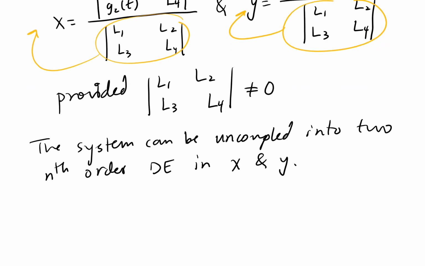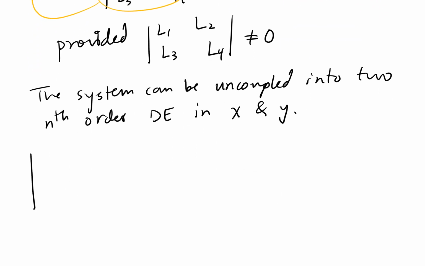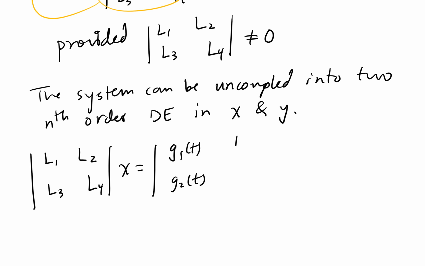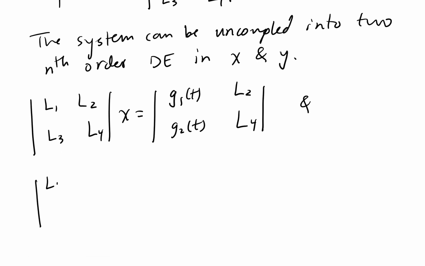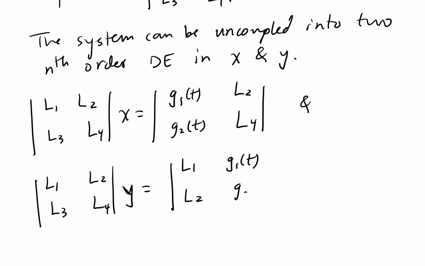And what do we get in this case? We get the determinant of L1, L2, L3, L4 times x equals the determinant of g1 of t, g2 of t, L2, L4, and we do the same thing for y: the determinant of L1, L2, L3, L4 times y equals the determinant of L1, L2, g1 of t, g2 of t.